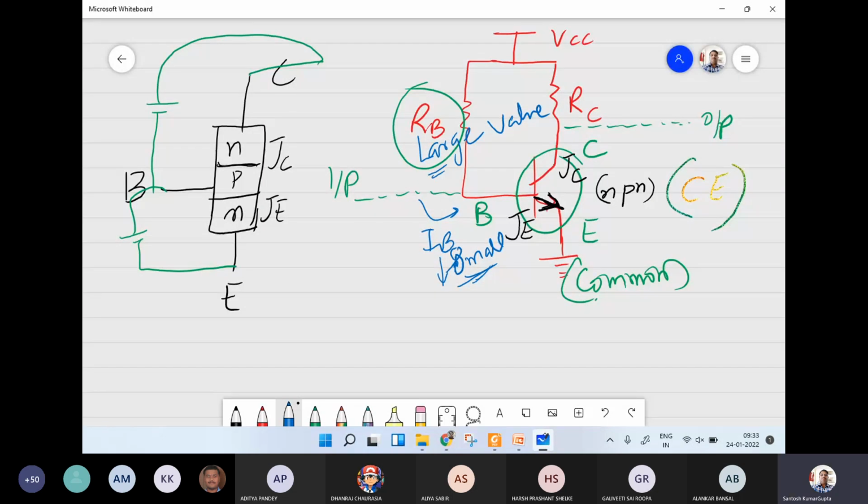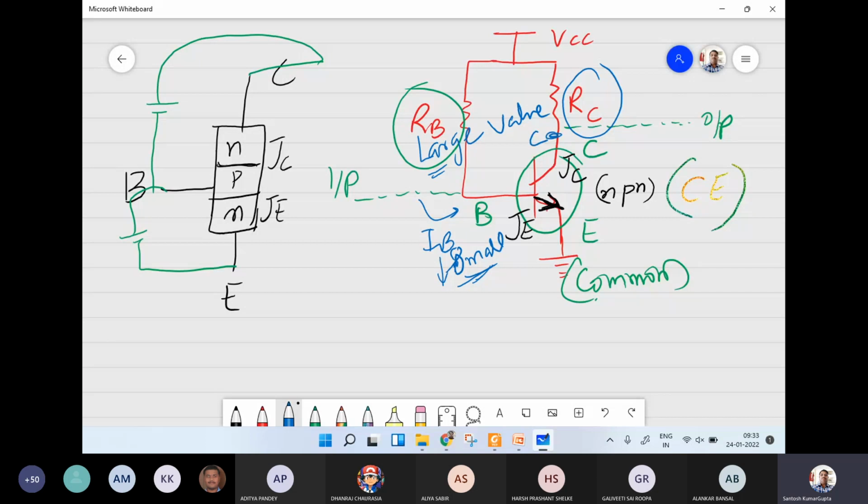Similarly, RC is not as large as RB, because we need a positive voltage at the collector as compared to the base.